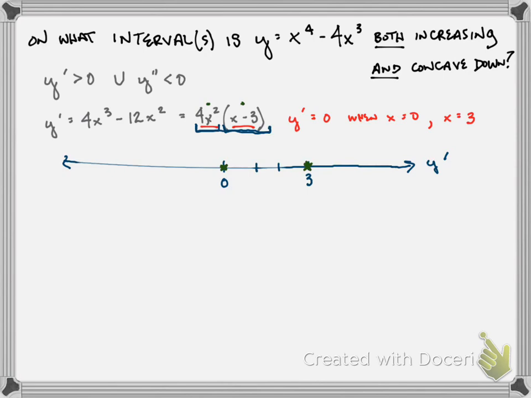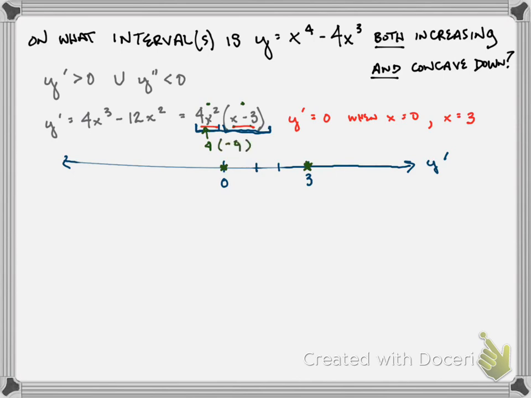If I select a value less than 0, something easy like -1, and put it in, I get 4 times -1 squared, that's 4, times -1 take away 3 is -4.